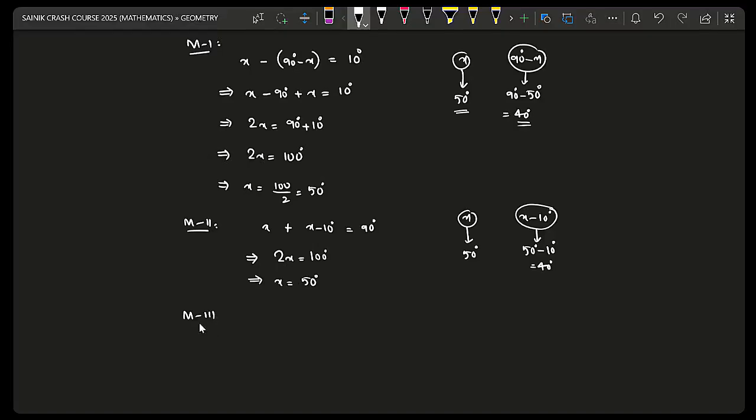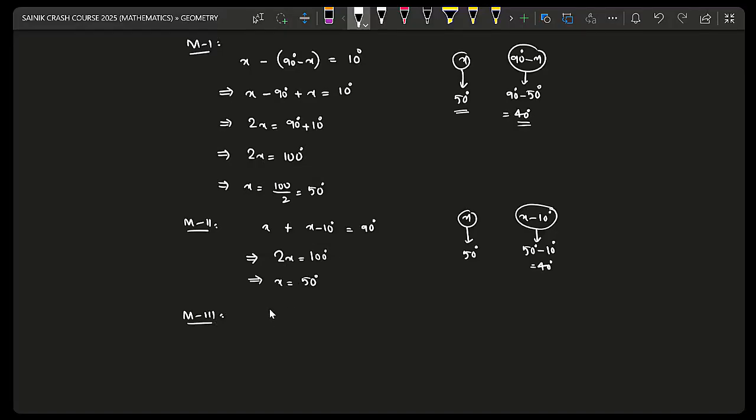When do you have to use the trick I told you? Sir, when the difference is less than 90? No, no, it is not about angles only. Whenever the sum of two quantities is given and the difference of the two quantities is given, and you want to find those two quantities, all of you remember this method.